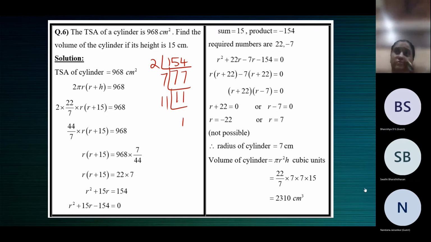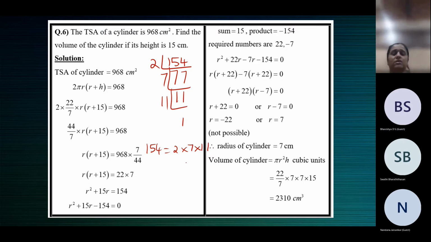Yes, ma'am. Okay, so 154 is equal to 2 into 7 into 11, correct?